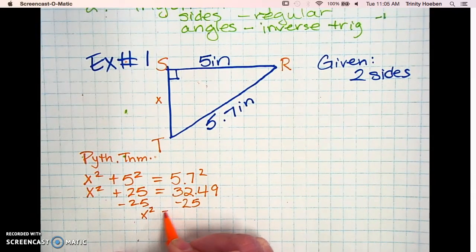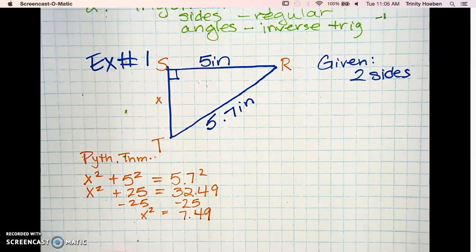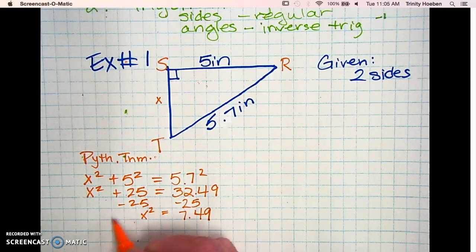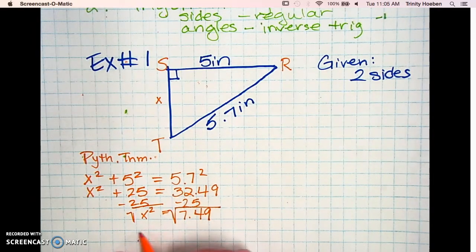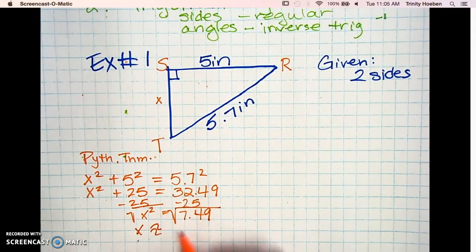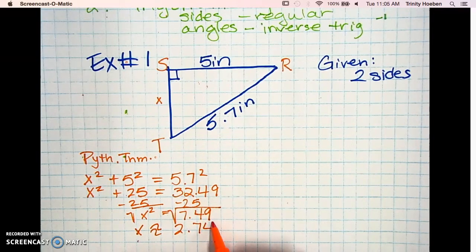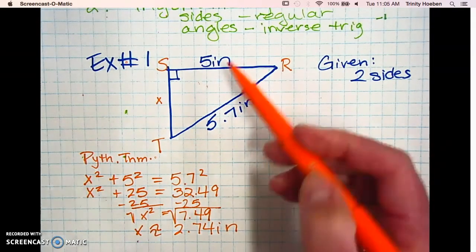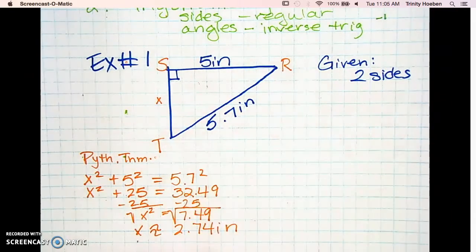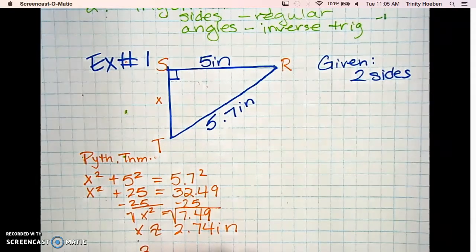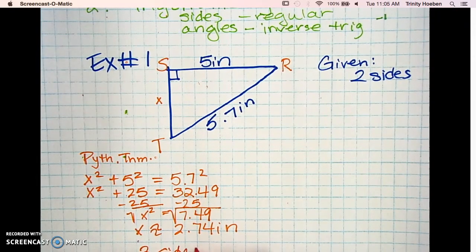And so x squared is going to be equal to 7.49. Obviously not a perfect square, right? But you can just do that on your calculator, and you'll get approximately 2.74 inches. Okay? So you already had two sides. That gives you the third side, and so now you have all three sides. Check.